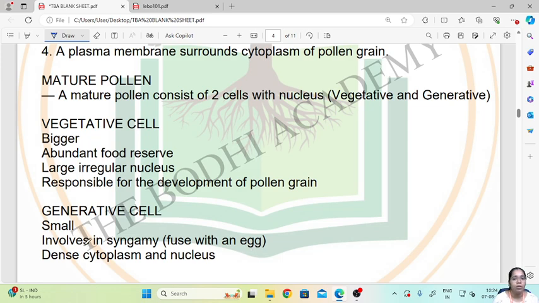This is the main nucleus, which will fuse with the female gametophyte, and then cytoplasm and nucleus. So the vegetative nucleus provides nutrition to the growing embryo, and it helps in storage of the food reserve. But the generative nucleus will act as the male gamete, and it will fuse with the egg cell to form the zygote.